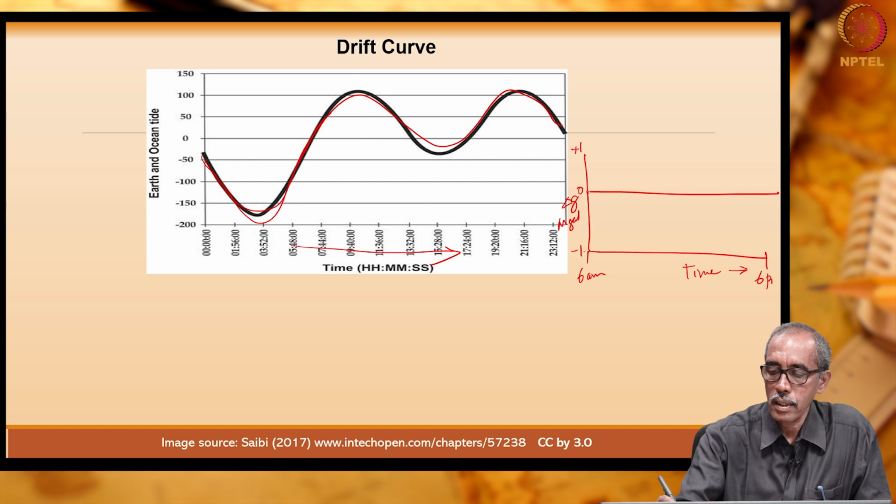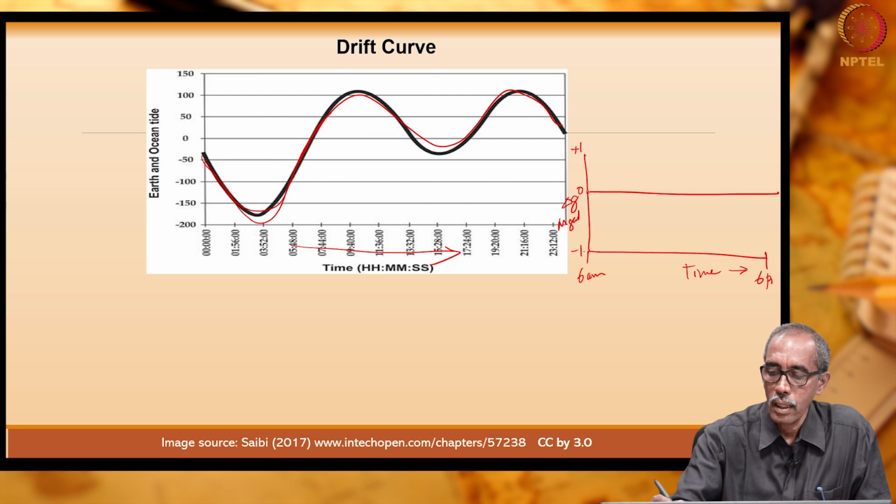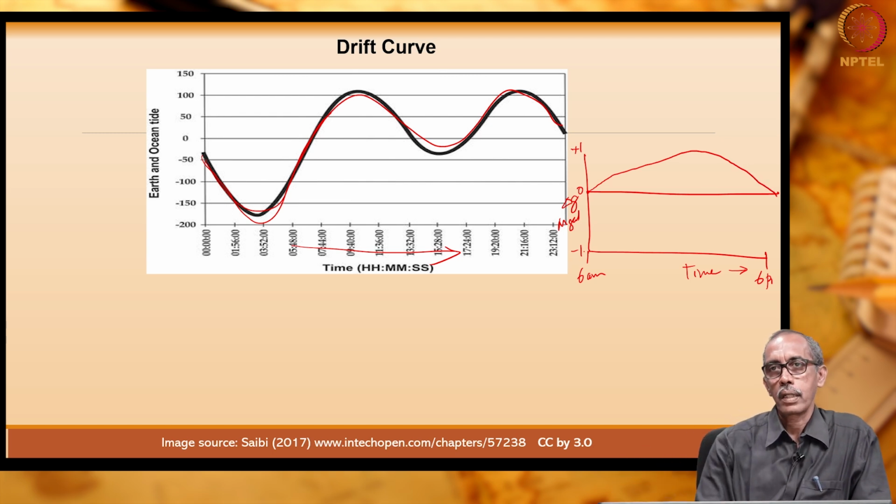Let us say at 6 a.m. we have kept it as 0, our reference. With reference to that, it will not remain as 0 continuously, but slowly the value may increase and then it may come down also. This is what is known as a drift curve.